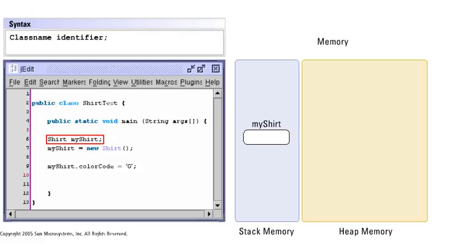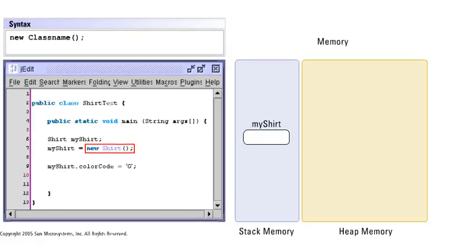Remember, a reference is like an address to a house. It allows us to find that object in memory and access it. So as you can see, what's happening in memory when this line of code executes is we get a myShirt variable allocated in stack memory, which again can hold at most one reference to one shirt object at a time.